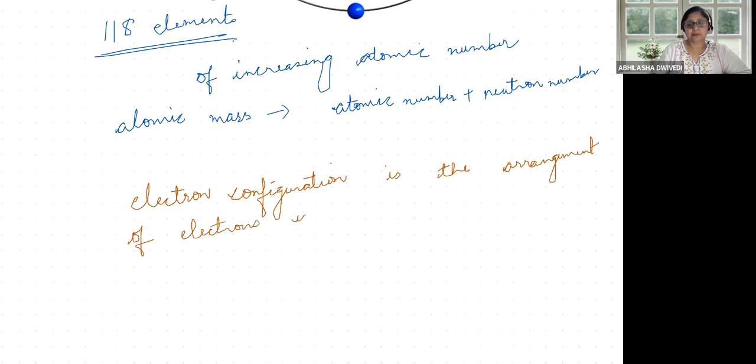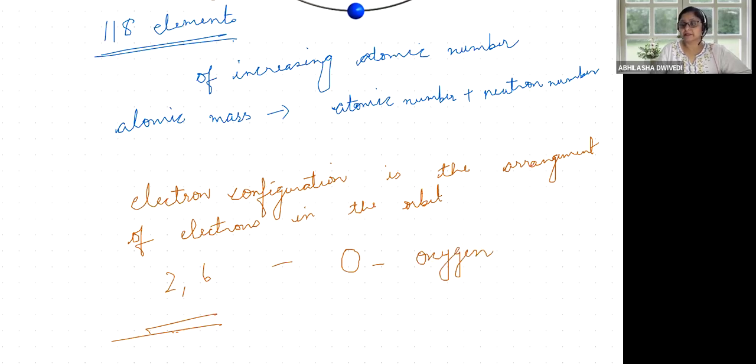Okay, simple. So what was it? Do you remember what we just saw? It was 2, 6. So just check the group and you'll find that this particular configuration is suggesting that this element is oxygen, right? The symbol of oxygen is O, and this is how we spell it.